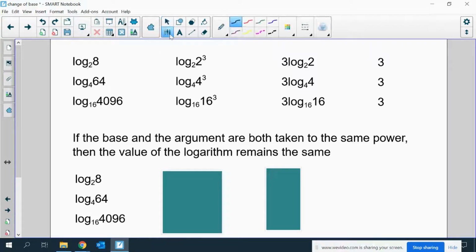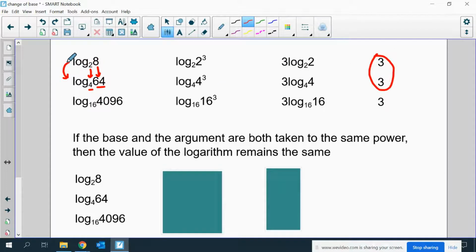Now that may not have been as obvious unless we point this out, but notice that 4 is really 2 squared, and 64 is really 8 squared. So if I square the little number and square the big number, I end up with the same answer.